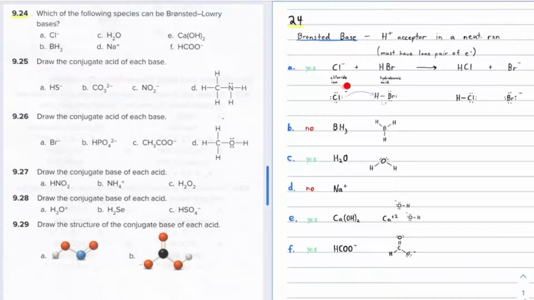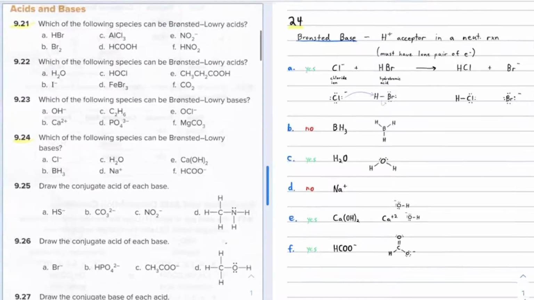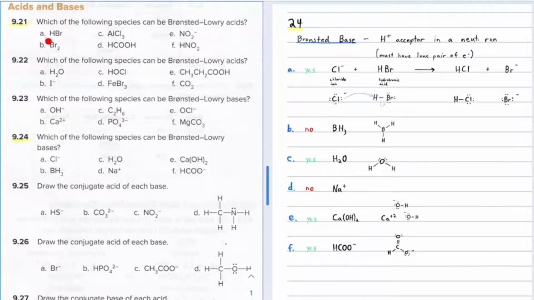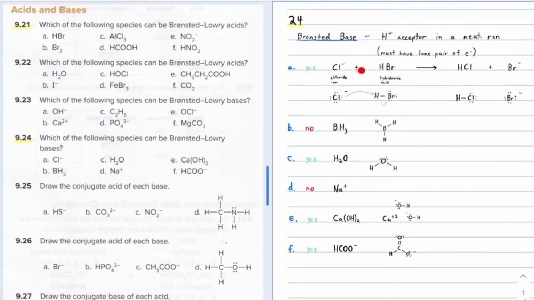If you put chloride ion in contact with hydrobromic acid, that was one of the Bronsted acids in problem 21, in fact the first one, the acid donates the proton and the base accepts the proton. So you'll see the chloride accepting the proton, and you're left with HCl, and then bromide is left behind.